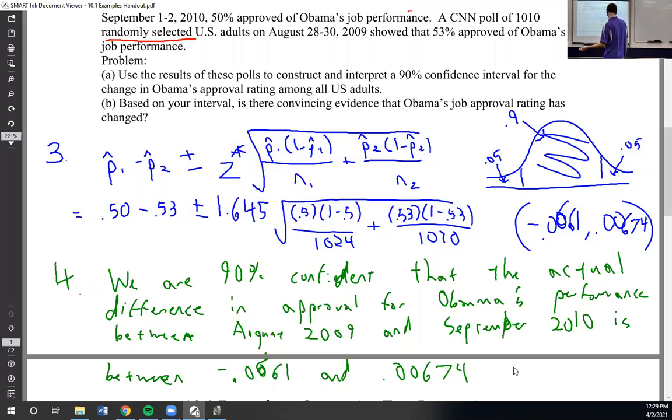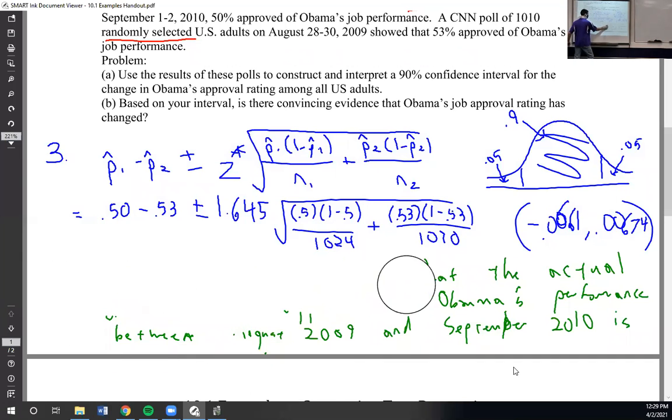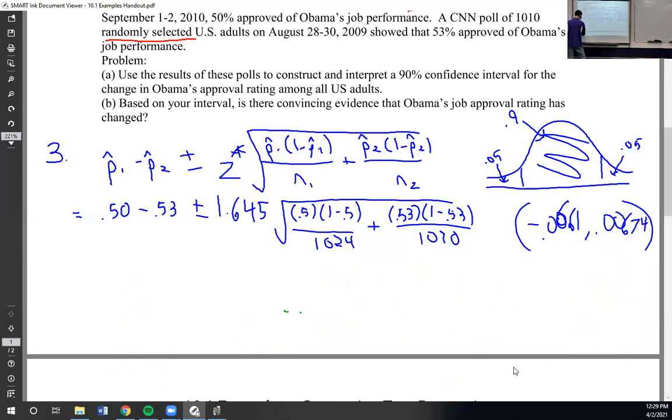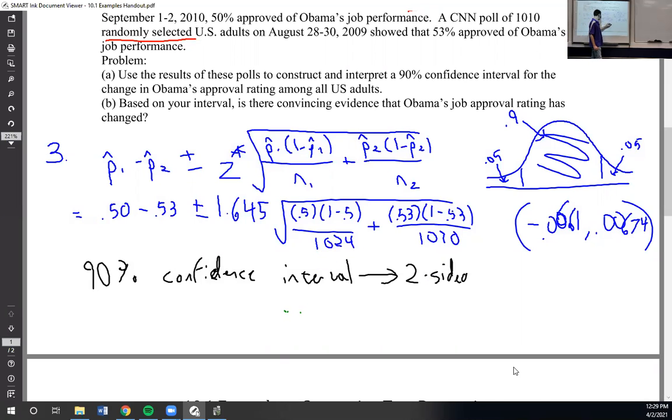So, the main idea is that a 90% confidence interval should tell you about a two-sided test with an alpha level of 0.1.